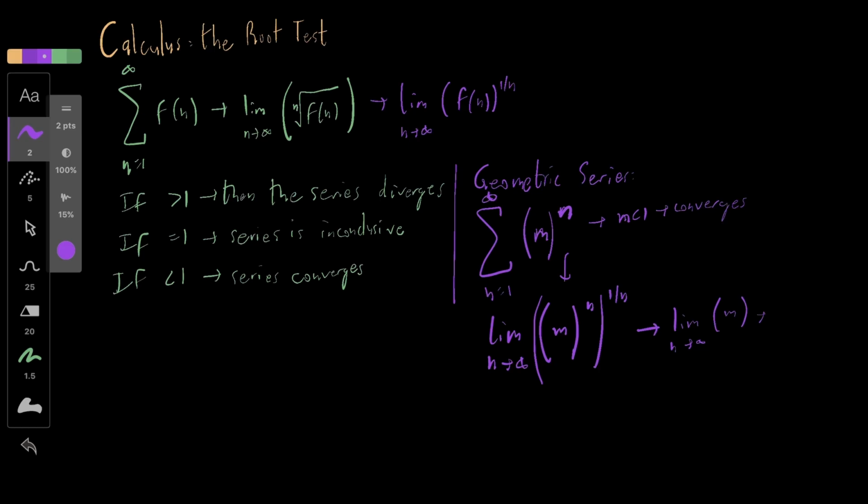And if m is less than 1, then it converges, because the root test also says that it converges. So that's actually a proof for showing how the rules of the geometric series are there, as it's simply an offshoot of the root test.